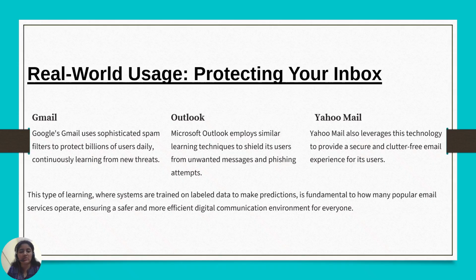As spammers constantly change their techniques, these systems do not remain static. They continuously learn from newly identified spam emails and user feedback, allowing them to adapt to new patterns over time. This ensures a safe, cleaner, and more reliable email experience for the users.